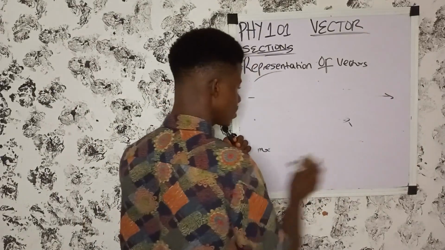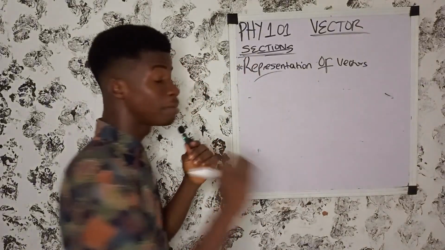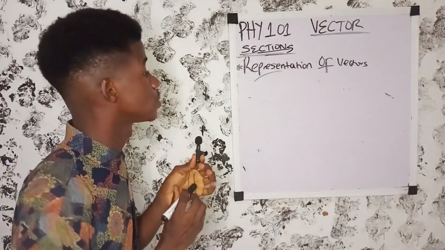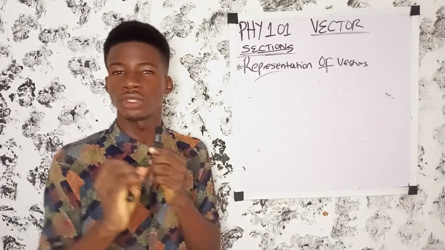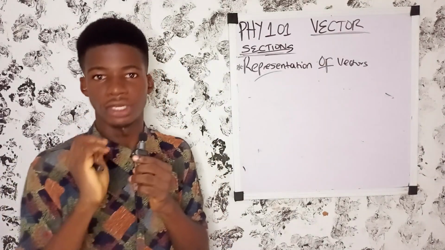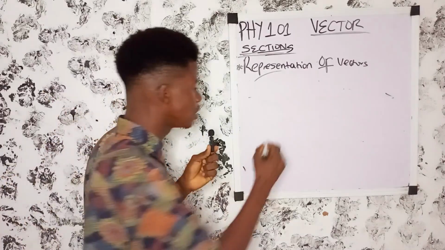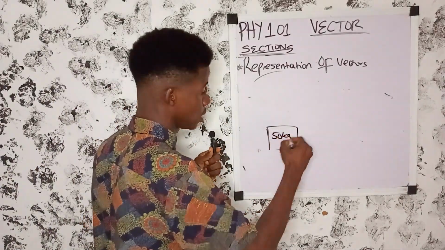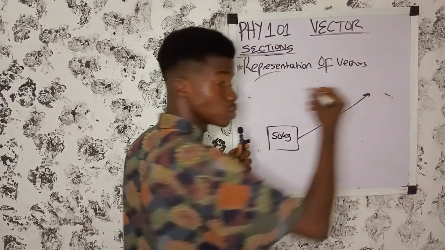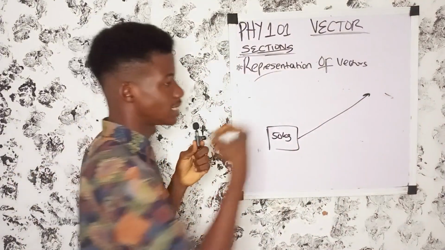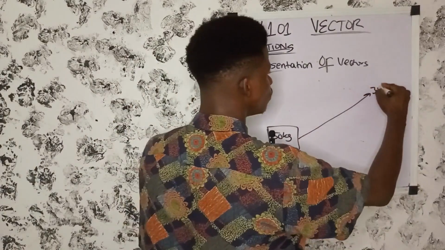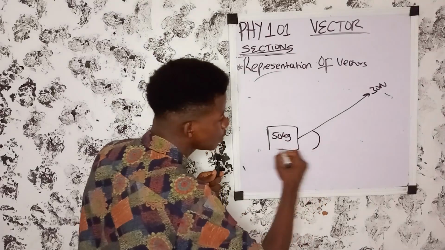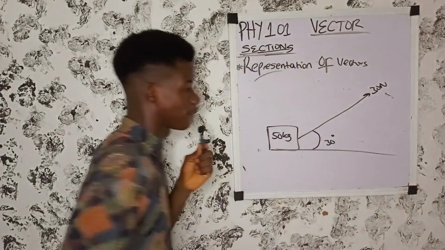Now the last thing I will tell you, please take note. Remember, I told you that the head of the vector represents the direction. Also take note that angles can also represent the direction of a vector. For example, a load of 50 kg was moved by a force of 30 Newton, inclined at an angle of 30 degrees to the horizontal.